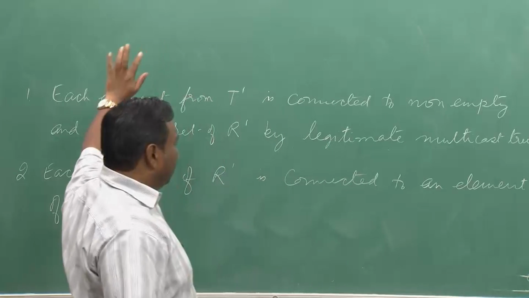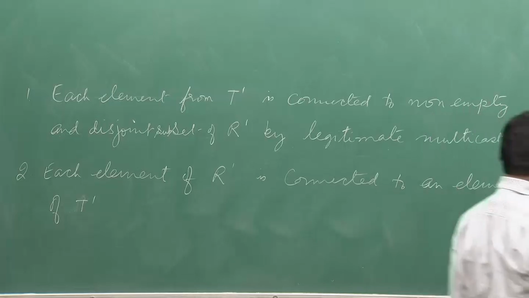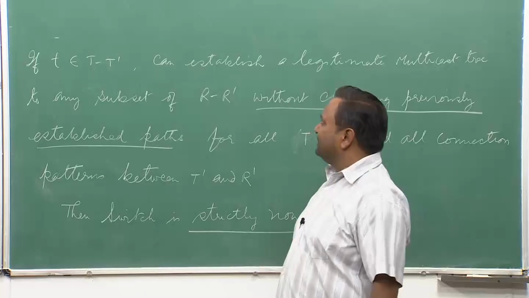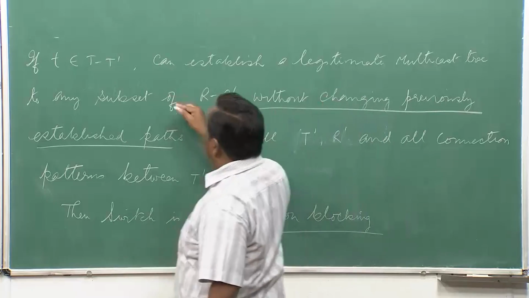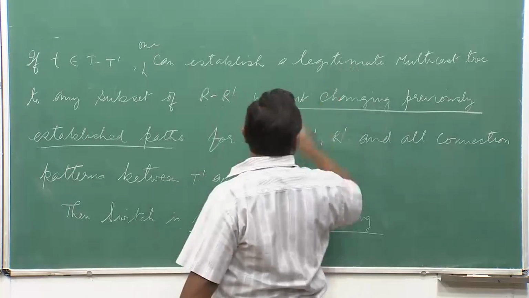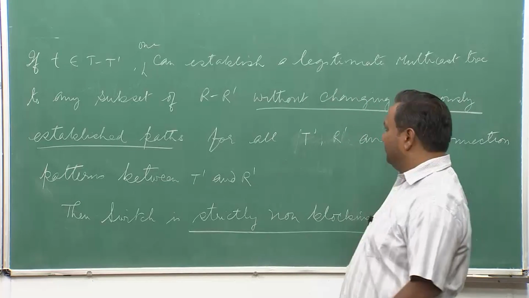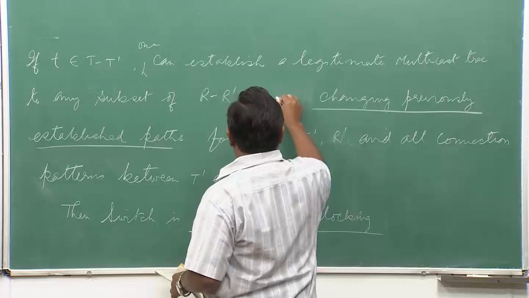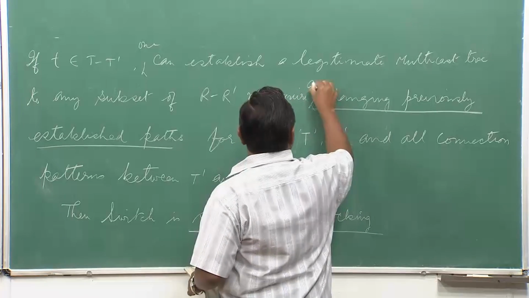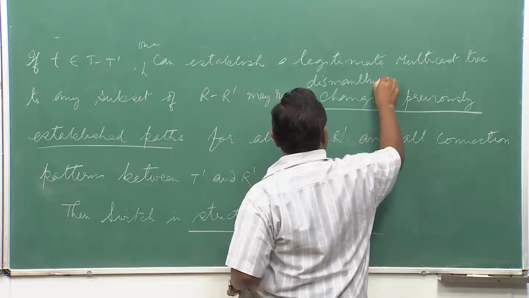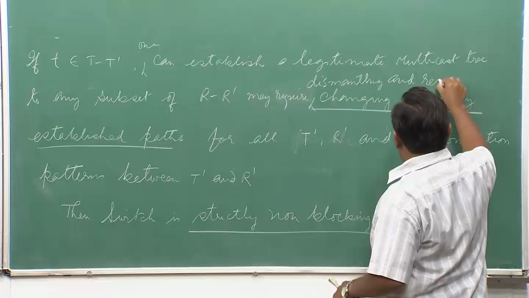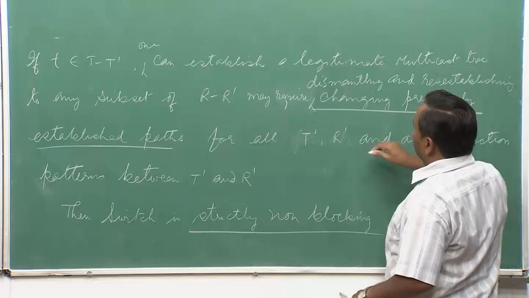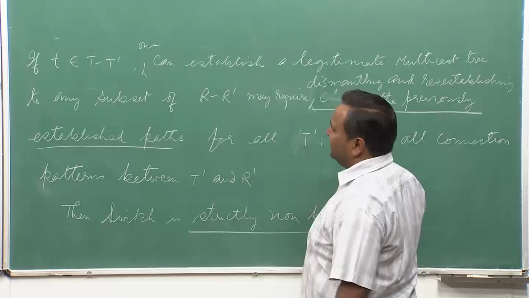Now the next property is the rearrangeably non-blocking property. The formal definition remains intact, except that now this definition holds if T belongs to T minus T prime, one can establish a legitimate multicast tree to any subset of R minus R prime, may require dismantling and re-establishing the previously established paths.